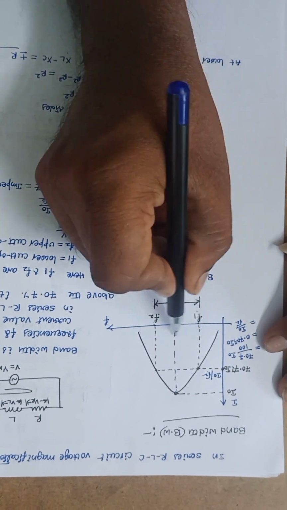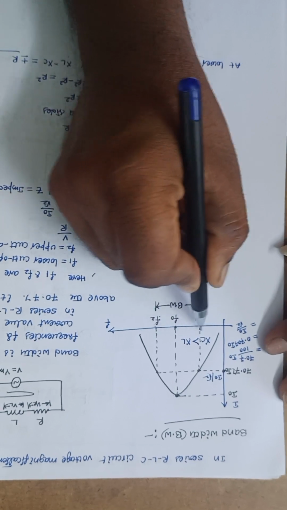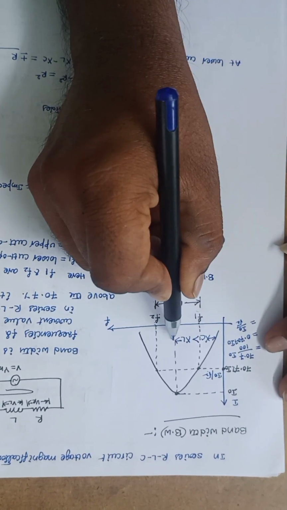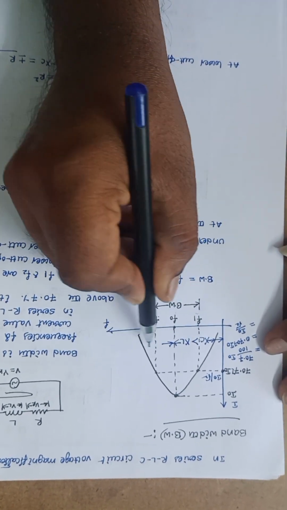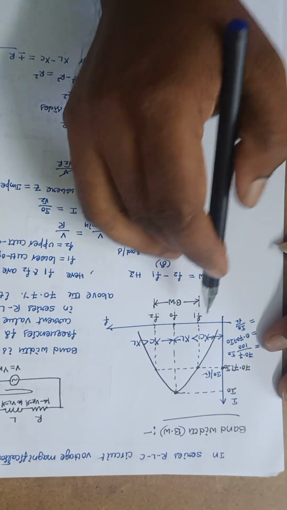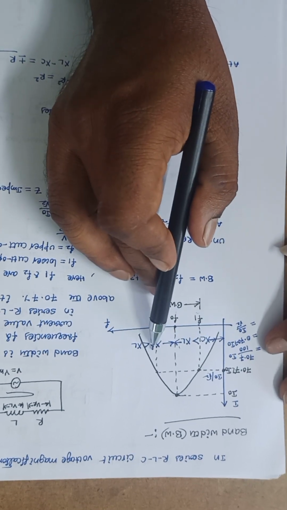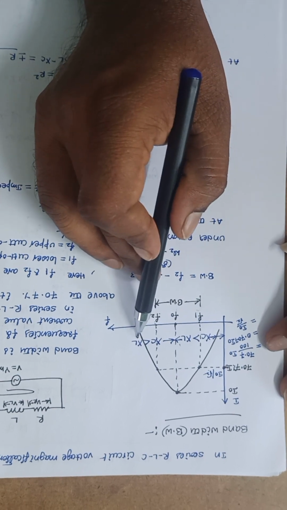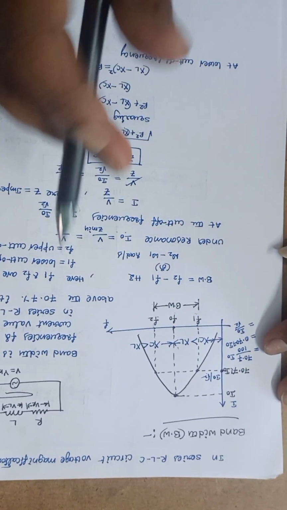So from here to here, XC is greater than XL, and from here to here, XC is less than XL. That means the circuit is capacitive in nature here, because the capacitive reactance dominates the inductive reactance. Here the inductive reactance dominates the capacitive reactance, so it is inductive in nature.